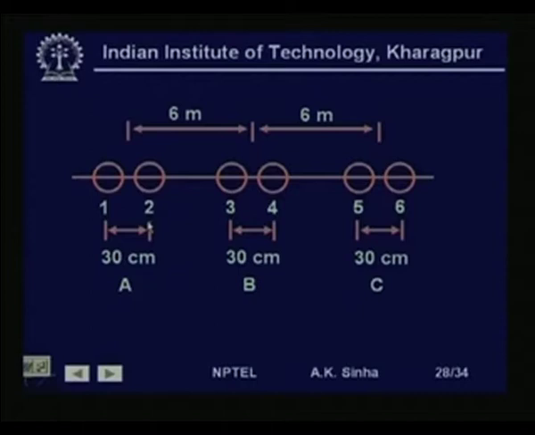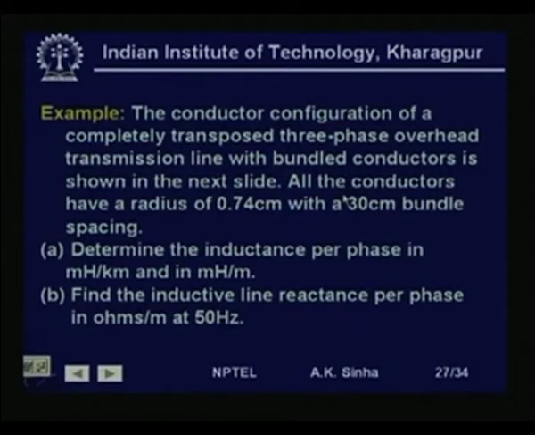The distance between the phase conductors is 6 meters, from center to center, and this is a horizontally spaced configuration. The line is fully transposed. For this line, determine the inductance per phase in millihenry per kilometer and in millihenry per meter.